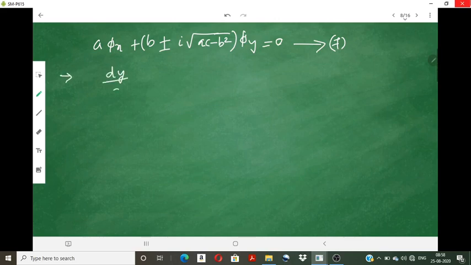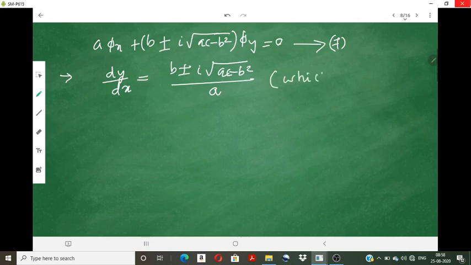The characteristics defined on the complex plane are of the form dy/dx = (b ± i√(ac − b²))/a.